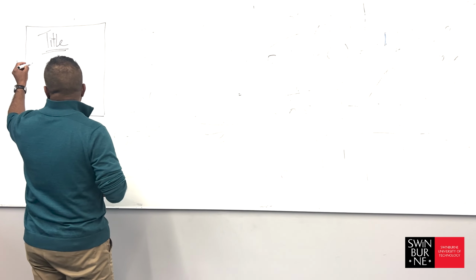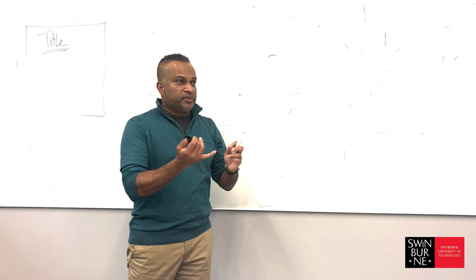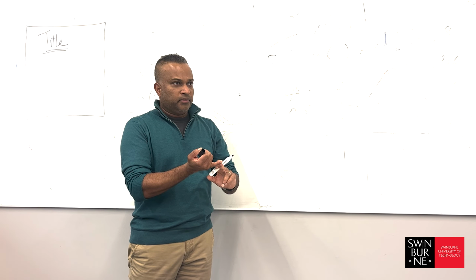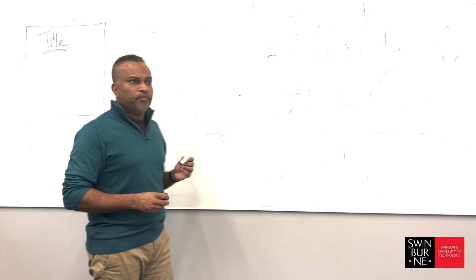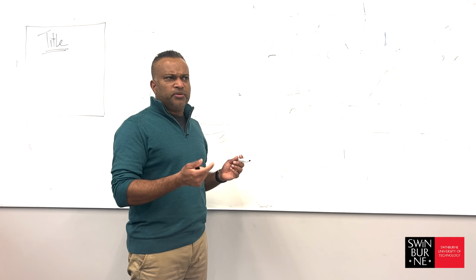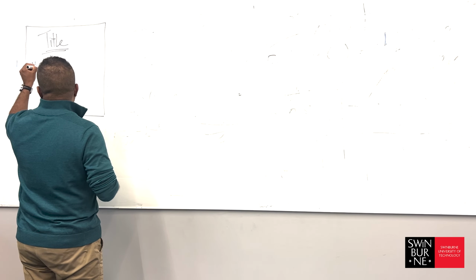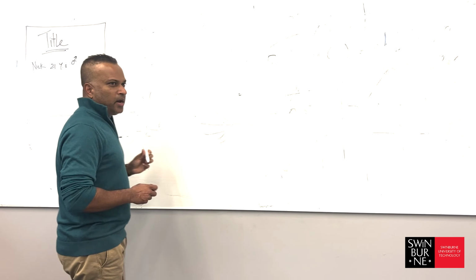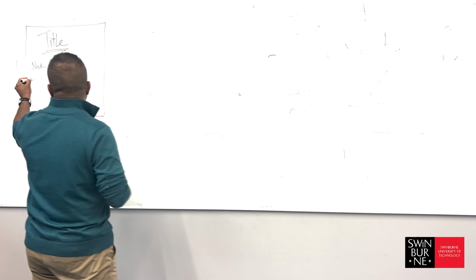That's right. So in that, you can include your athlete. Who was your athlete? Nick. Nick, and how old was he? 21-year-old male, Nick. What was his sport? Bodybuilding.